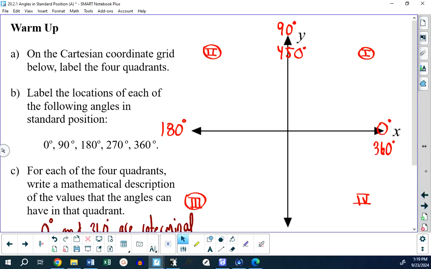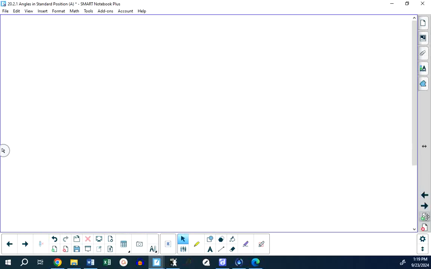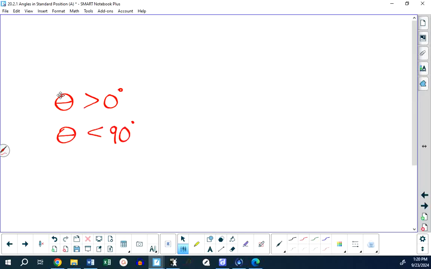And I feel as though this needs a little bit of time to sink in and some discussion. What I'm saying is theta has to be more than 0 degrees, and theta has to be less than 90 degrees, right? You're good with that idea?